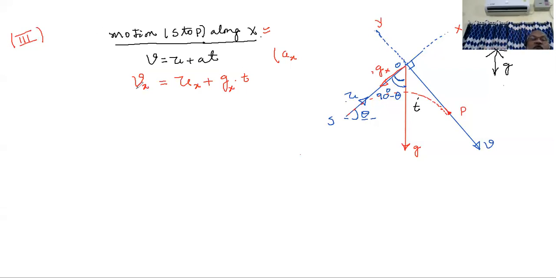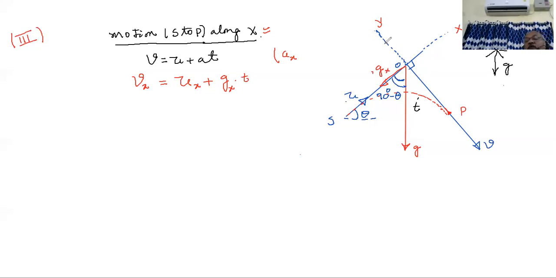Now, think about Vx. Vx means the final x velocity, or the final velocity's x component. As the diagram clearly shows, the final velocity is along the y direction. A pure y vector, a vector which lies along the y-axis, maybe positive y, maybe negative y, doesn't matter, but its x component must be 0.